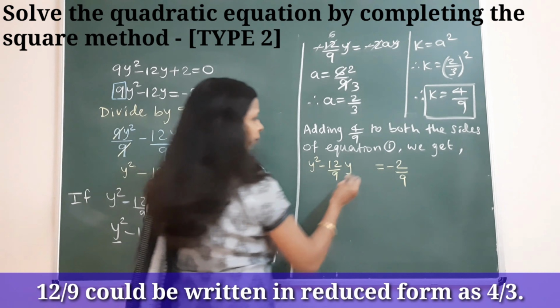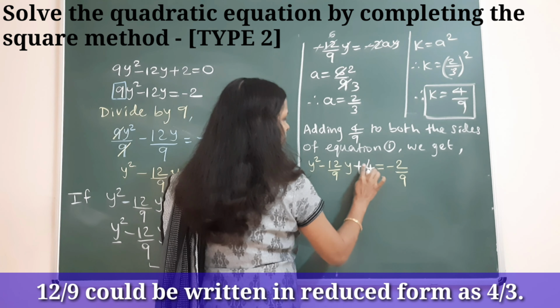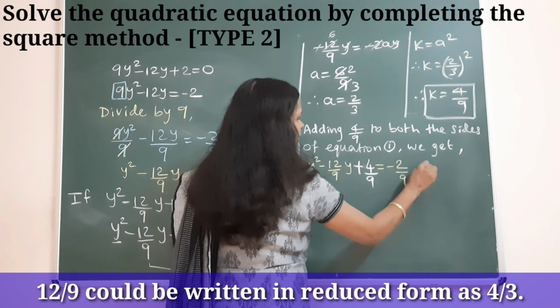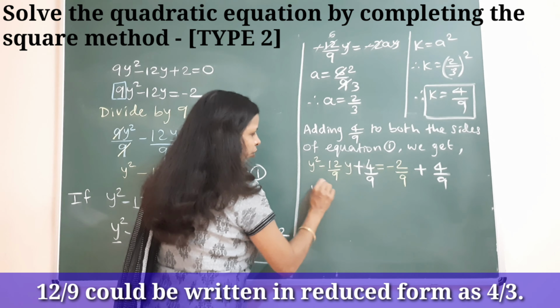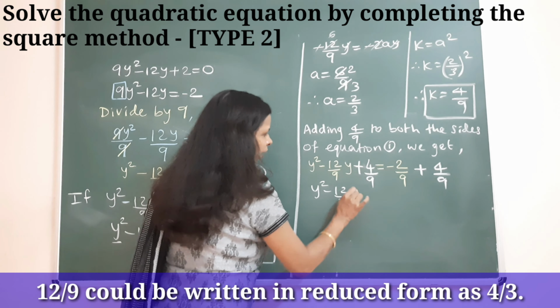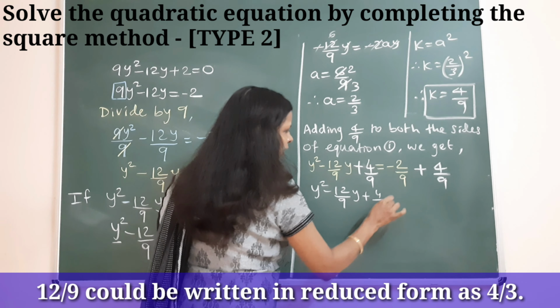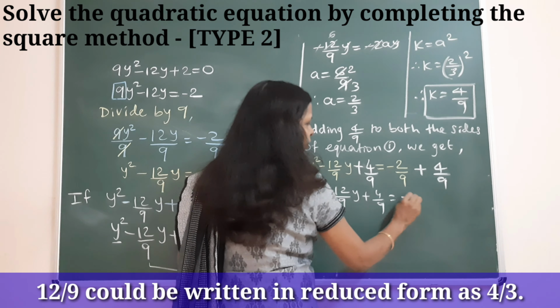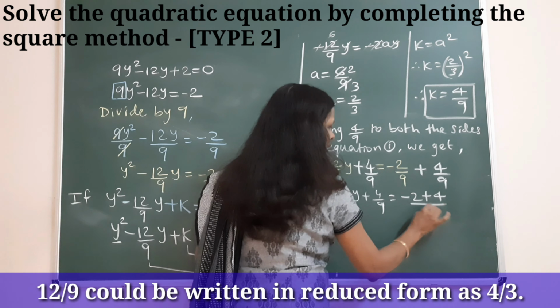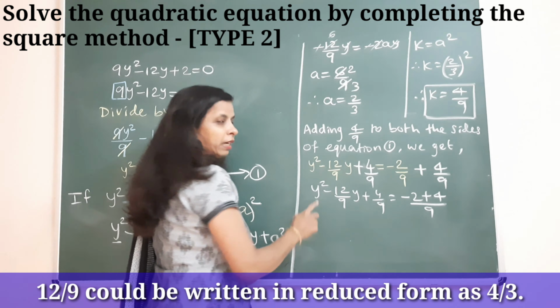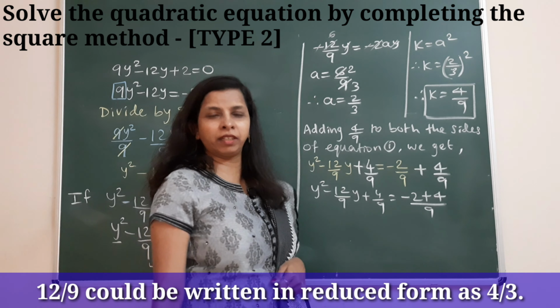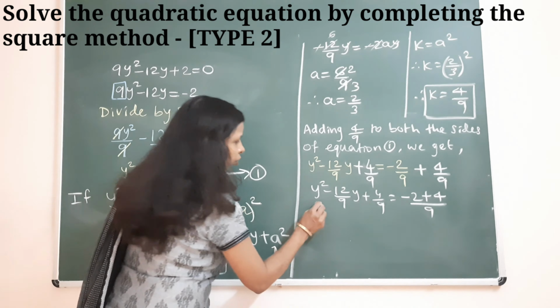Add k, which is 4 upon 9, on both sides. Y square minus 12 by 9y plus 4 upon 9 is equal to minus 2 plus 4 over the common denominator.